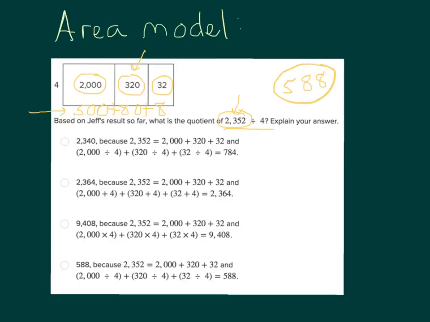So when we look at the different possible answers, Jeff got the quotient of 588, and let's make sure it makes sense, because 2,352 does equal 2,000 plus 320 plus 32.